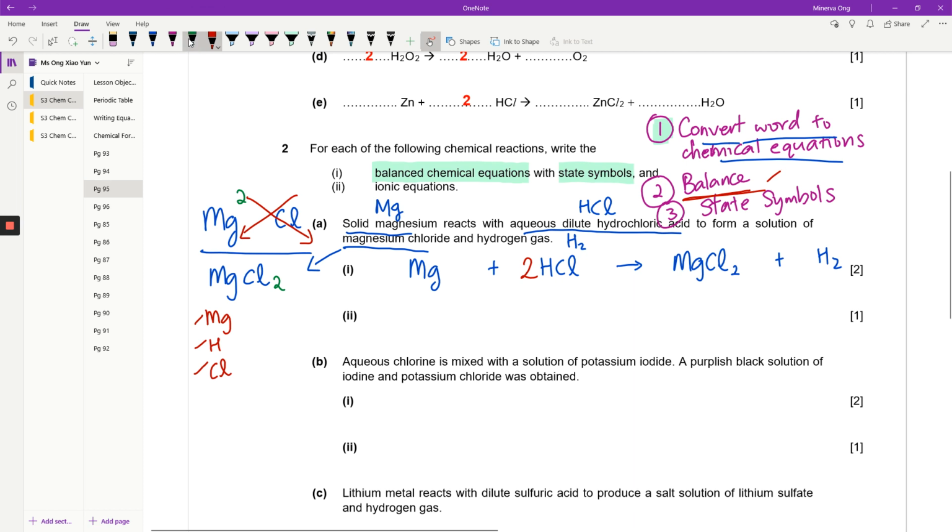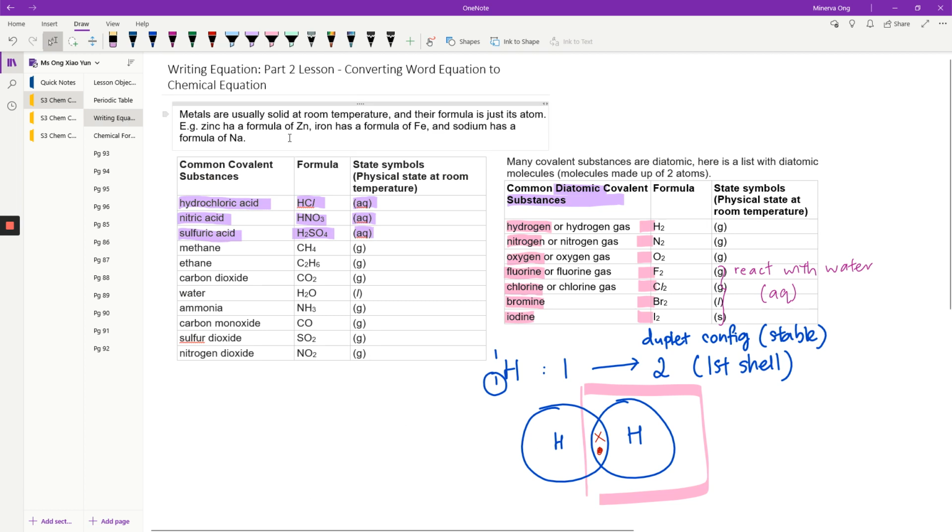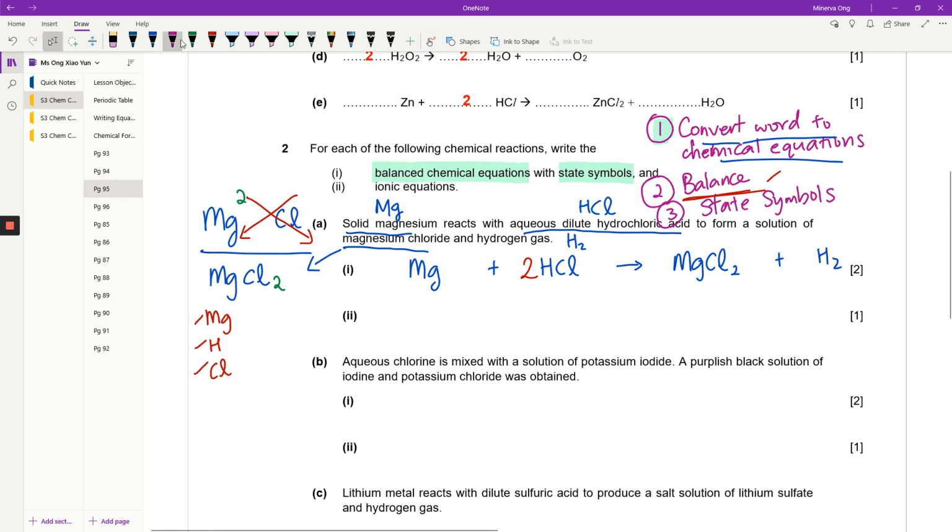Okay, state symbols, I will use green color. So magnesium is solid. So remember, go back to here. This is all the elements here. Metals are usually solid at room temperature. So what you can do here is to add in the state symbols accordingly.